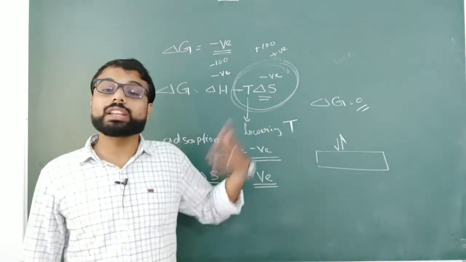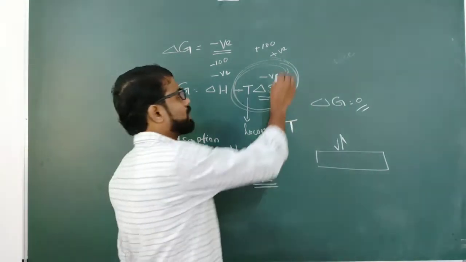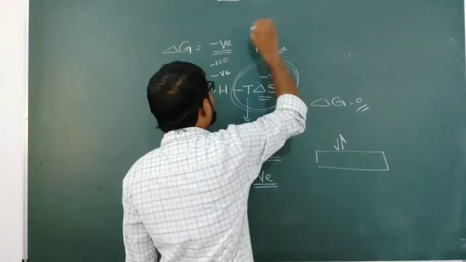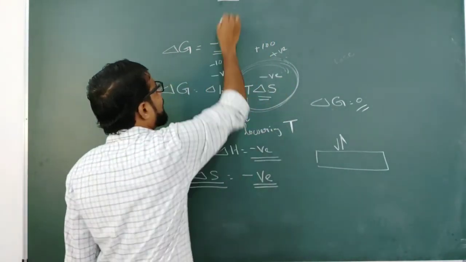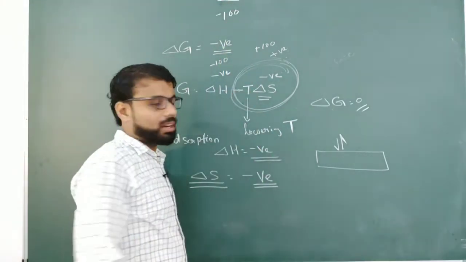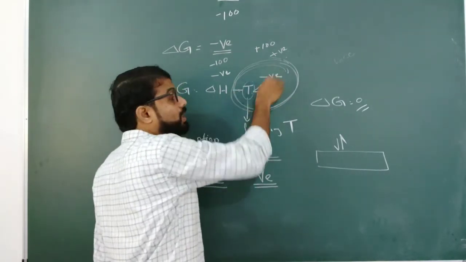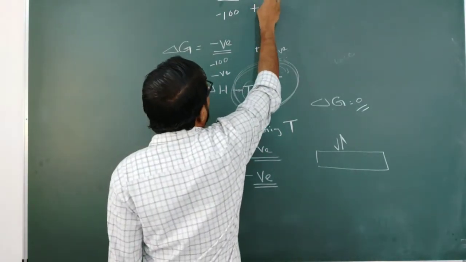Now again, if you increase the temperature, it will become more positive. For example, delta H is minus 100. Again we increase the temperature and the positive term becomes more positive, for example 150.